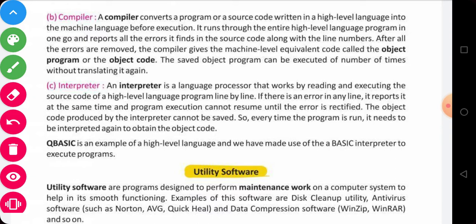If there is any error, it reports it at the same time, and the program execution cannot be resumed further. So the user should correct it, and then it is passed to the interpreter again, so that we can know that the instructions of the program are okay.